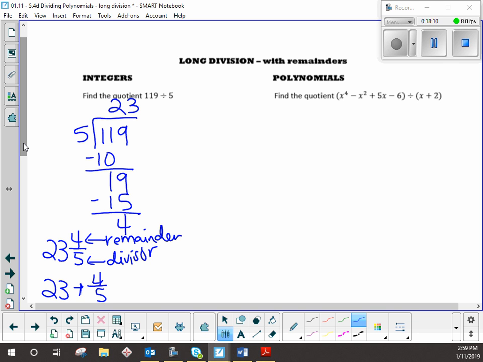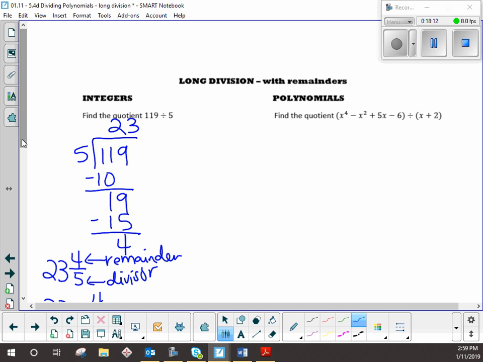How we're going to deal with that is we're going to put something in there to hold the place. What number do we use when there's none of something? 0. So what we're going to do is use 0x cubed as a placeholder. And we're going to put it right there between x to the 4th and x squared.